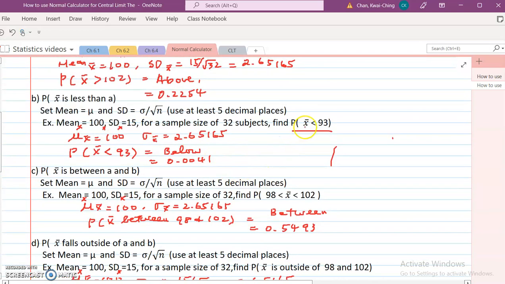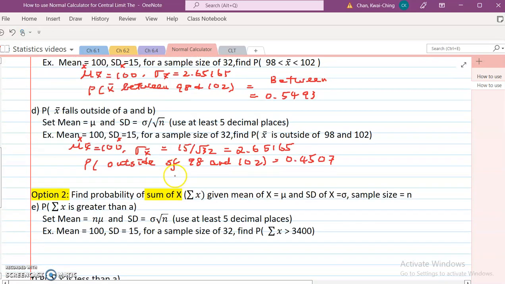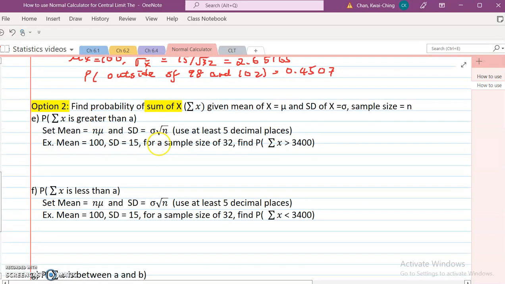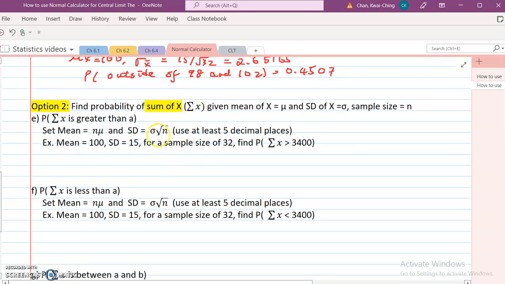So anytime you are doing a probability of x bar, remember to adjust the sigma to 15 over square root of n, the old sigma of x over square root n. For the mean, you don't have to change. Now the second part is very useful in solving problems of a sample of x, the sum of all the x.